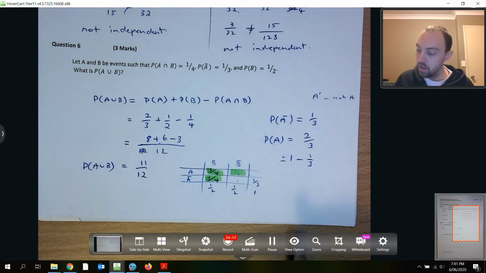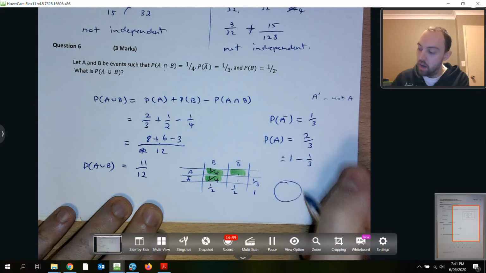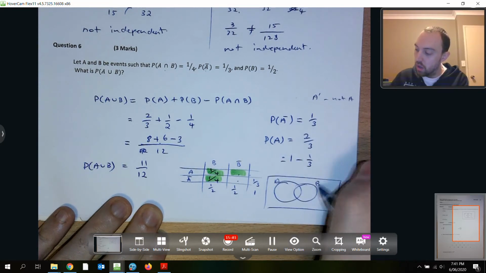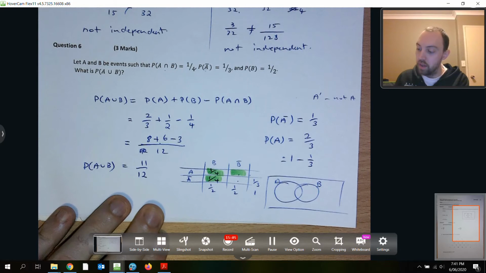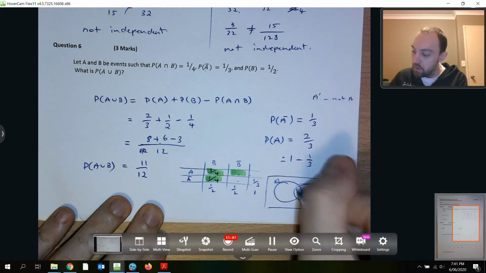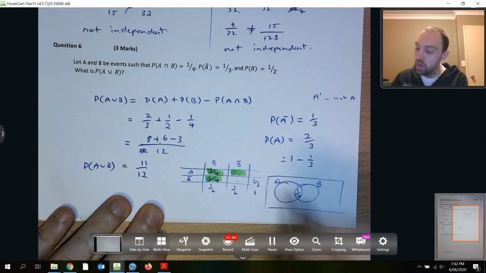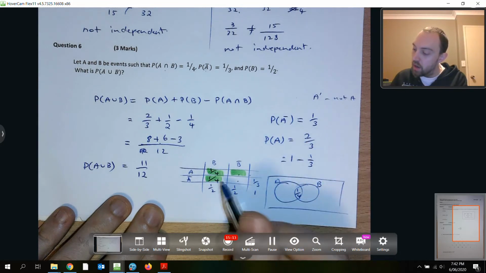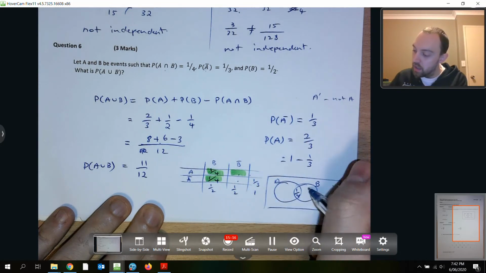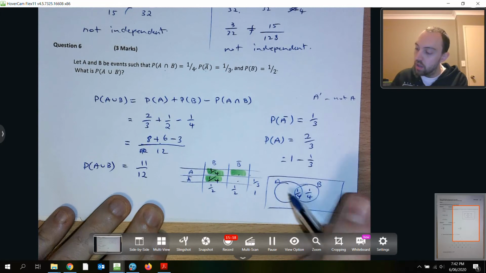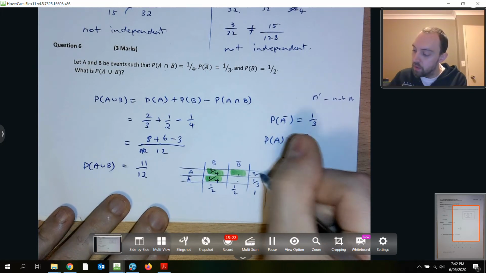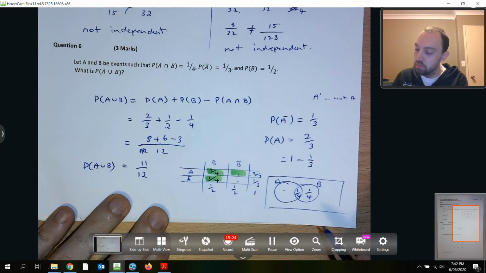It also goes to our Venn diagrams, which we can do. So as I said, lots of ways to be thinking about it. We know that there's a quarter in the middle. Probability of B and not A is also a quarter. You can figure out what that part is eventually: 2/3 take a quarter.